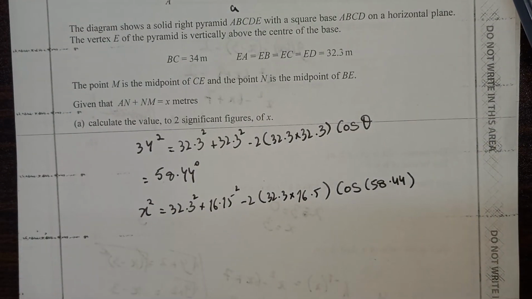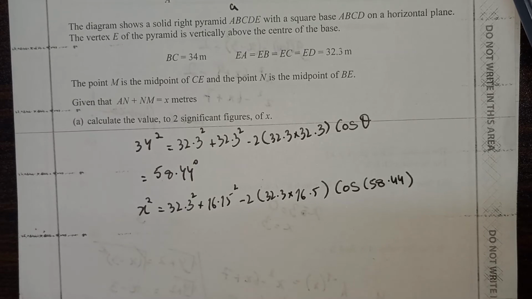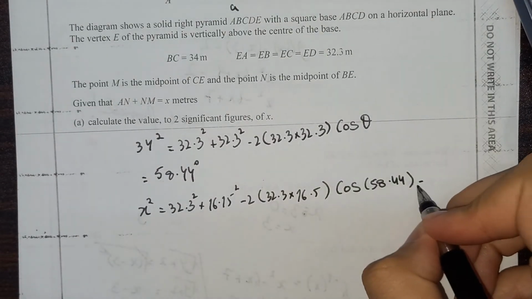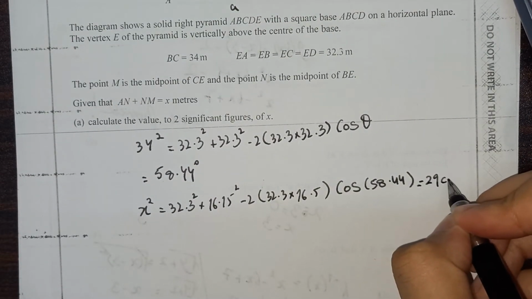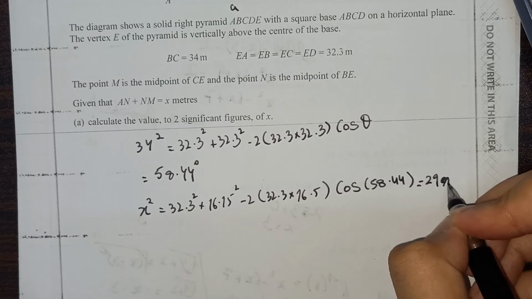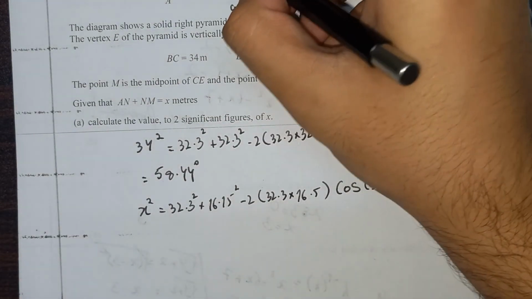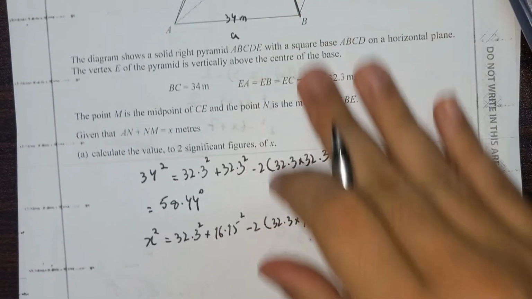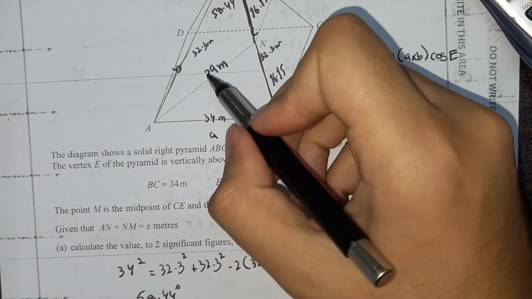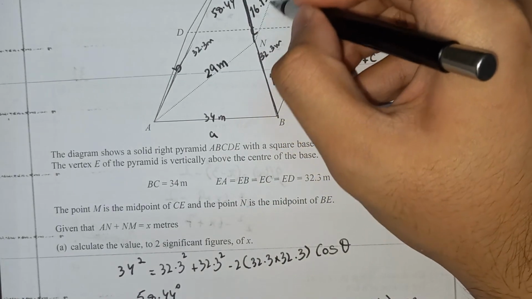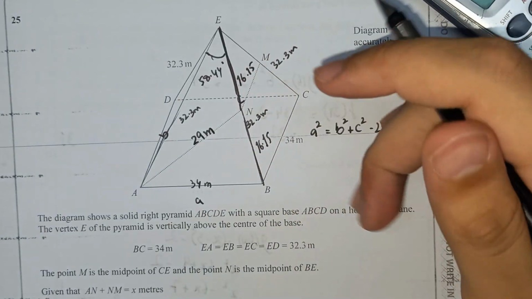Now just calculate it on your calculator and we get 29 meters. Here we have our length of AN as 29 meters.